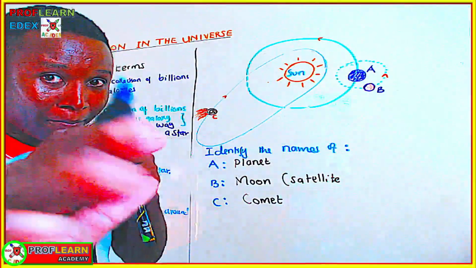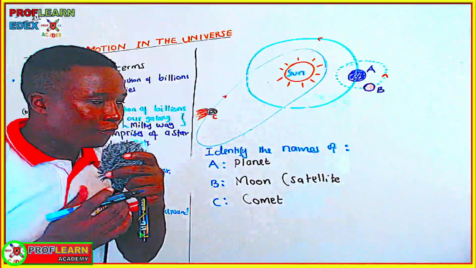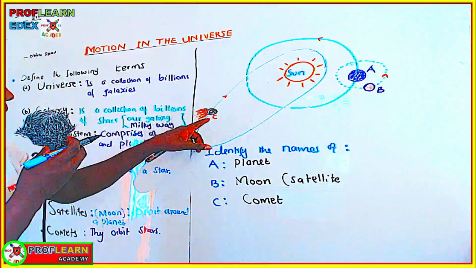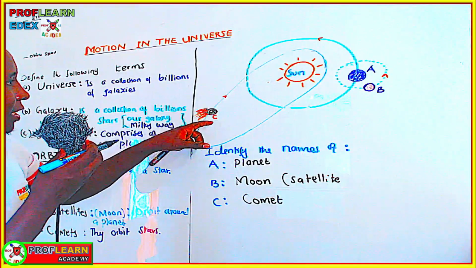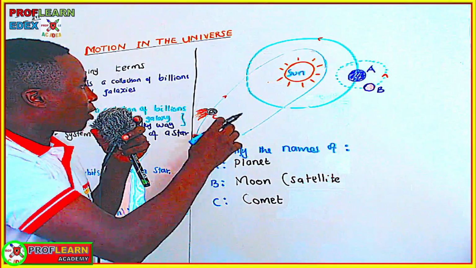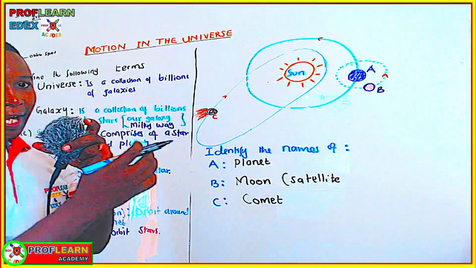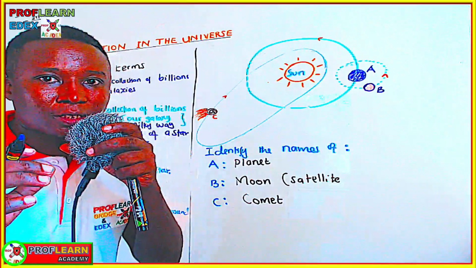Another question that you may be asked at this point is to give the differences between the orbit of a comet and the orbit of a planet.